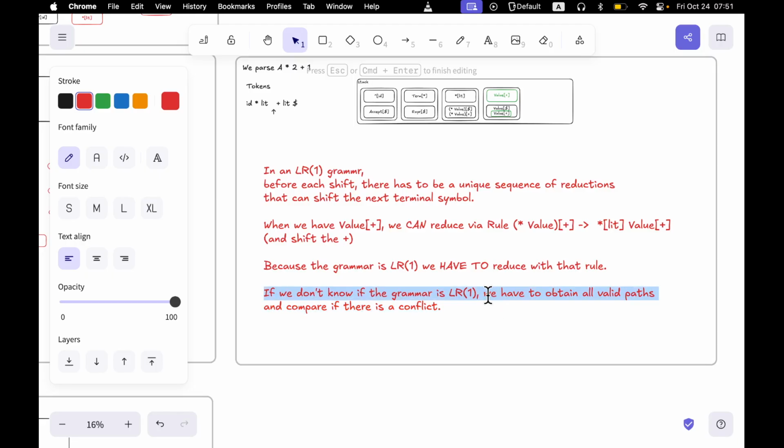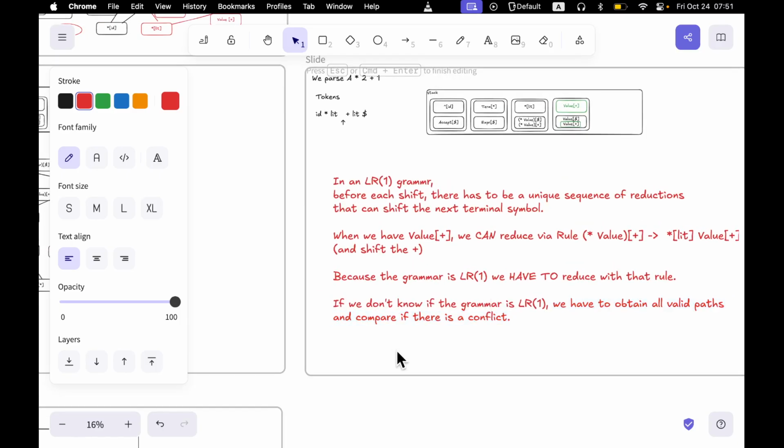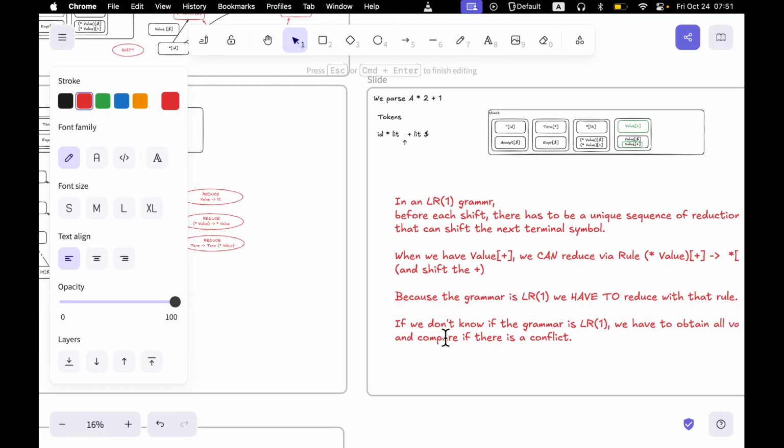We have to obtain all valid paths and compare if there's a conflict. So you either prove that your grammar is LR1 using Bison, or you can just fail at runtime, every time, by verifying that there are no conflicts every time you shift or reduce. So these are the two approaches.